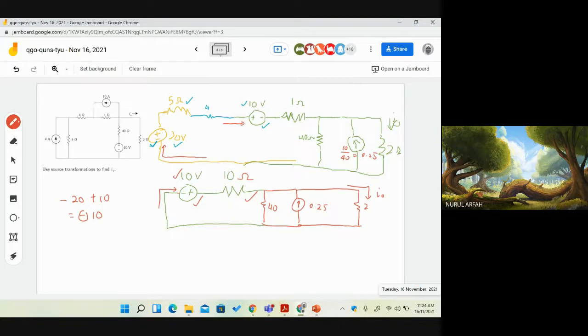Okay. Then how to simplify this? Can you further simplify this? Maybe on the right side here, so that you get the current all in parallel. Can someone? Okay, maybe I just draw the current and the resistor, but you need to fill up what is the value for these two and what is the current direction. Okay, can someone?